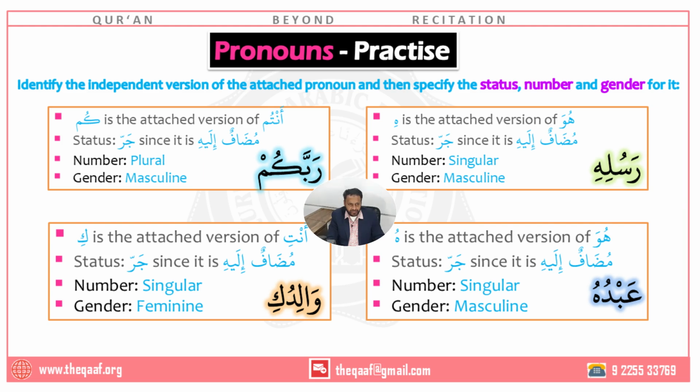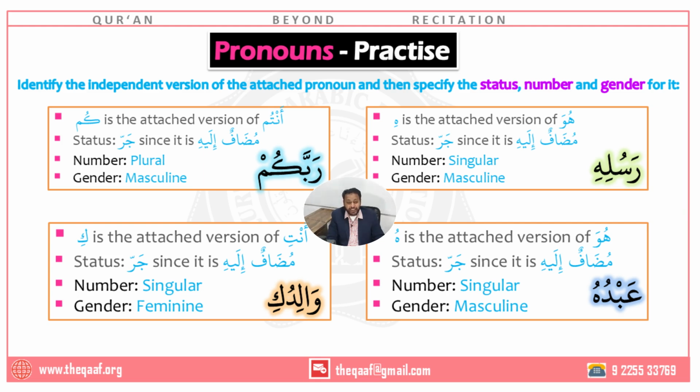What about this? Waliduki. What's the pronoun here? Ki. Ki is the pronoun. What's the detached form of ki? Anti. Not ana. Anti.